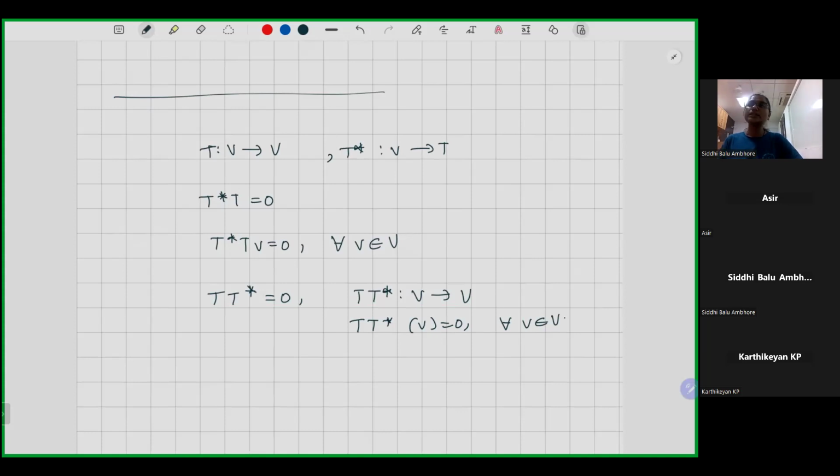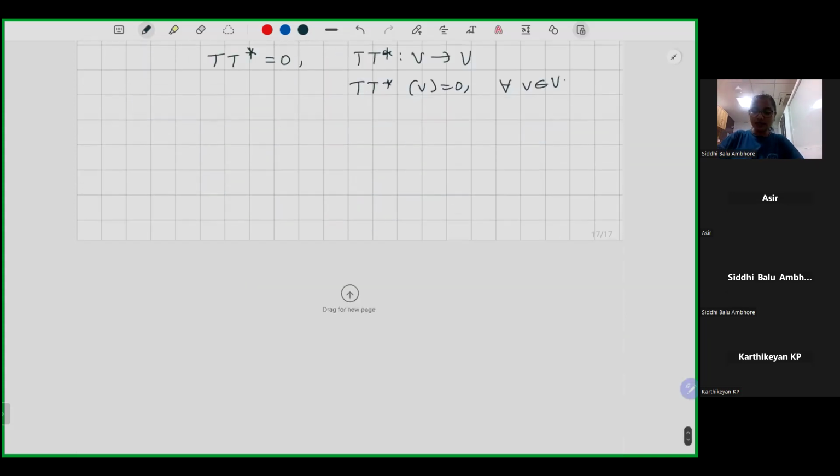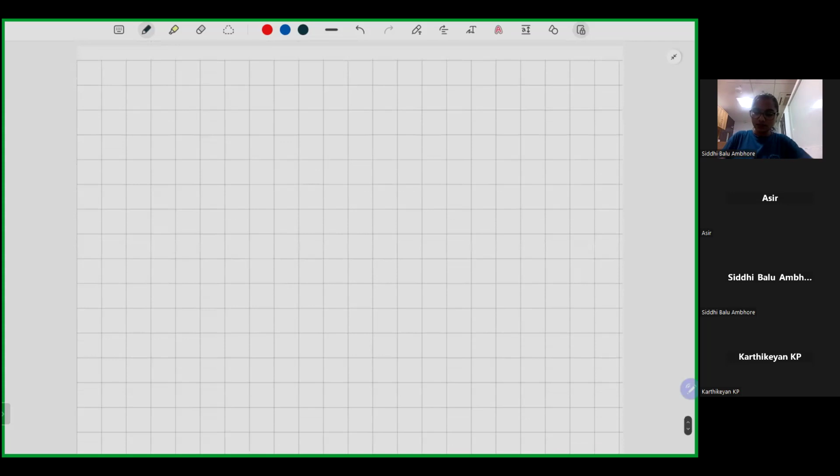So adjoint is defined for a linear transformation. Okay, so adjoint is defined for a linear transformation. Whether the function of the linear transformation is also given? Yes, sir. If they are talking about adjoint, they must give you a linear transformation.